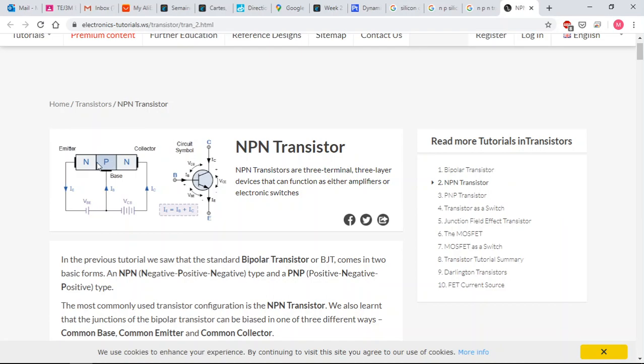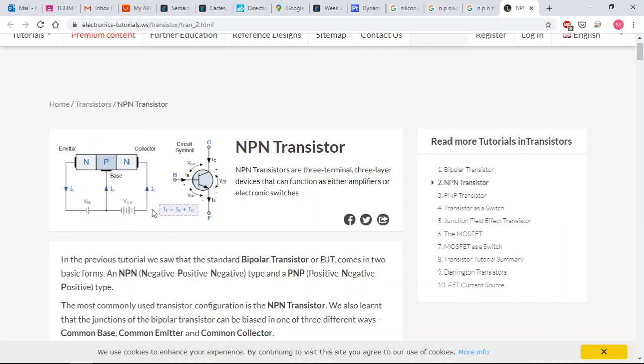And what's going to happen is, with a small current through the base going out through the emitter, you can control a huge current coming from the collector going all the way through the emitter. So essentially, a little bit of current through the base is going to control a huge IC collector current going through the whole transistor.